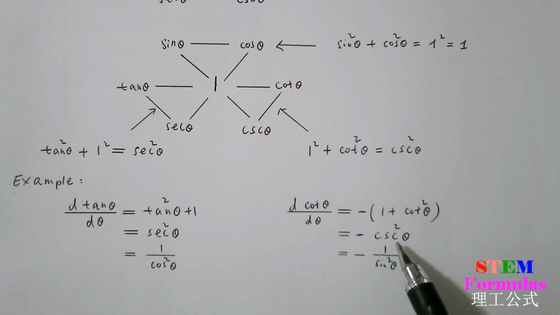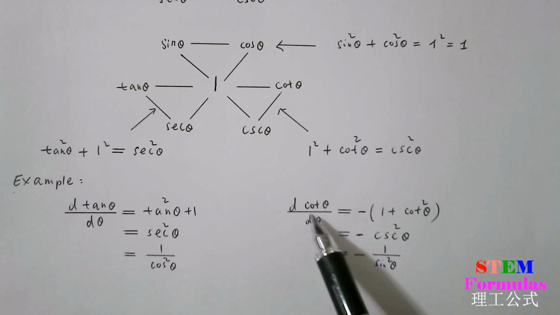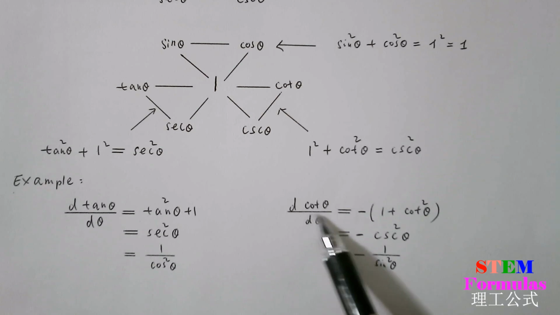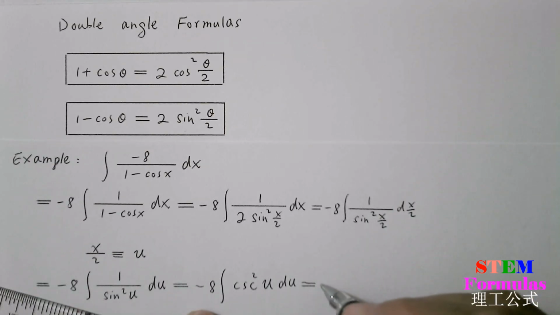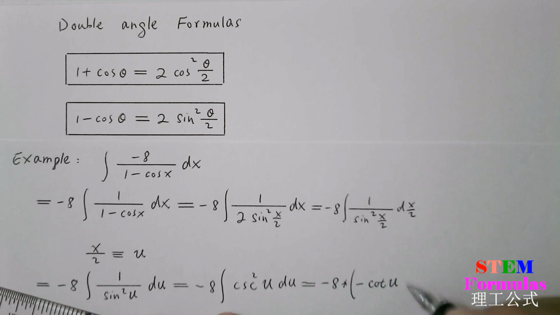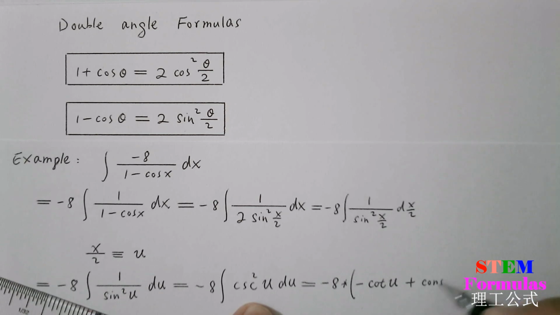Therefore, the integral of cosecant square equals minus cotangent. So this is minus 8 times minus cotangent u and plus an integral constant.